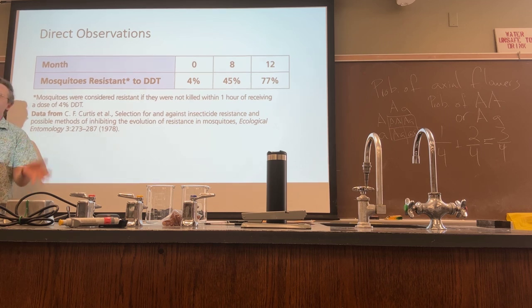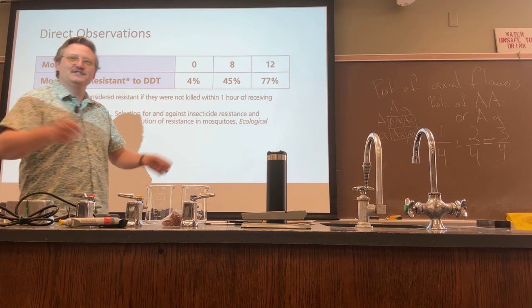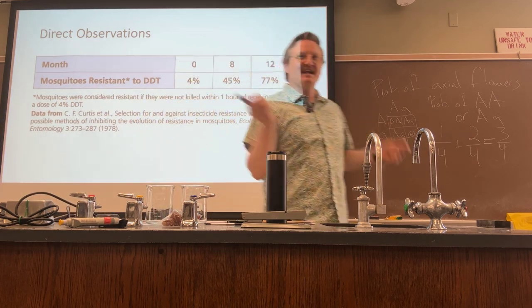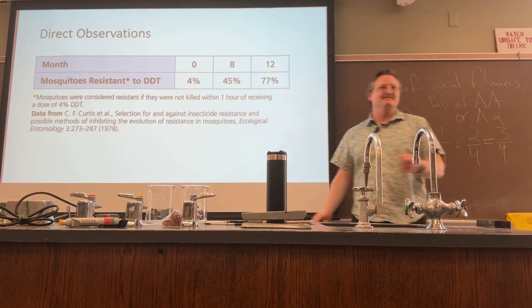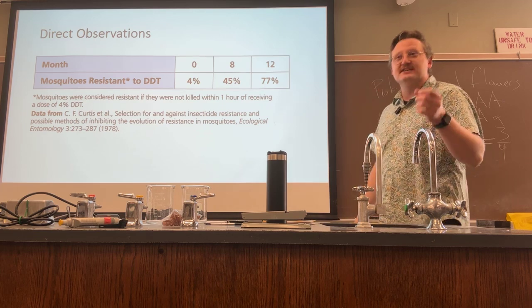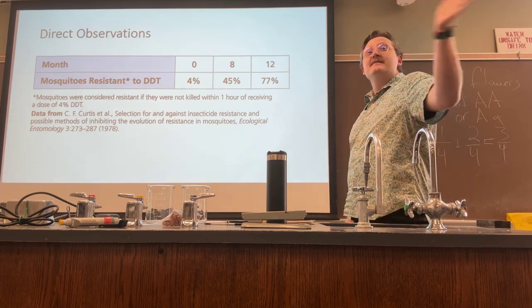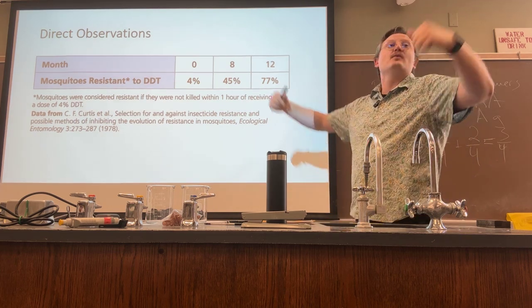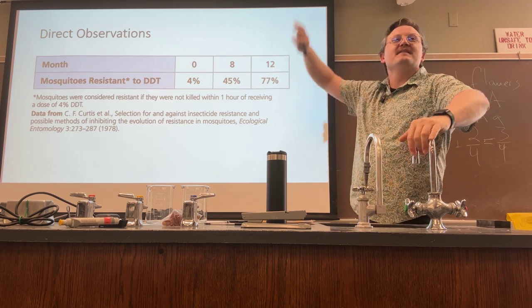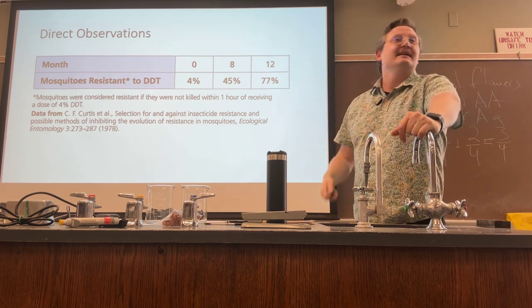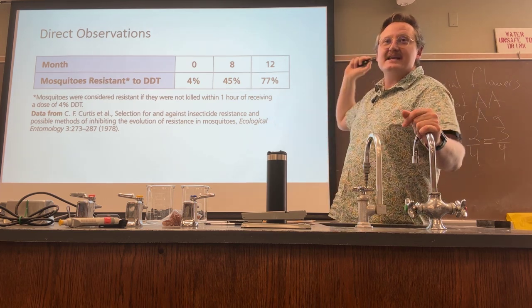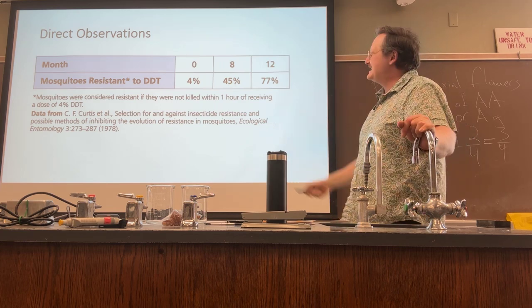So you might call it artificial selection, where nature's not doing the selecting. We are selecting for DDT-resistant mosquitoes. Usually we consider artificial selection to be when we select for something that we like rather than something that lets the organism survive better, like making fruits more palatable, making cows make more milk, etc.